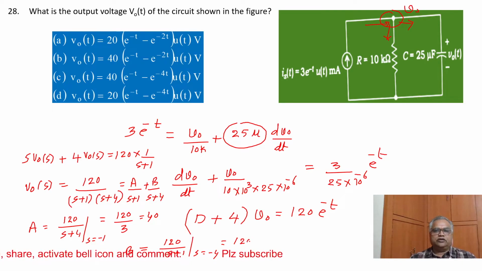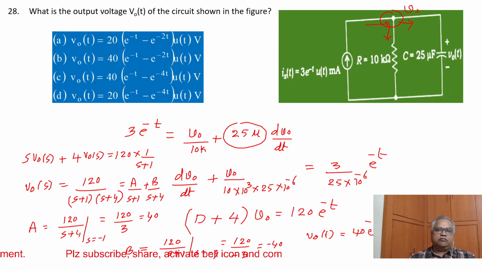This is 120 by minus 4 plus 1, so minus 3. This is minus 40. So what is V0(t)? 40 e power minus t minus 40 e power minus 4t is the answer. So 40 times e power minus t minus e power minus 4t. C is correct.